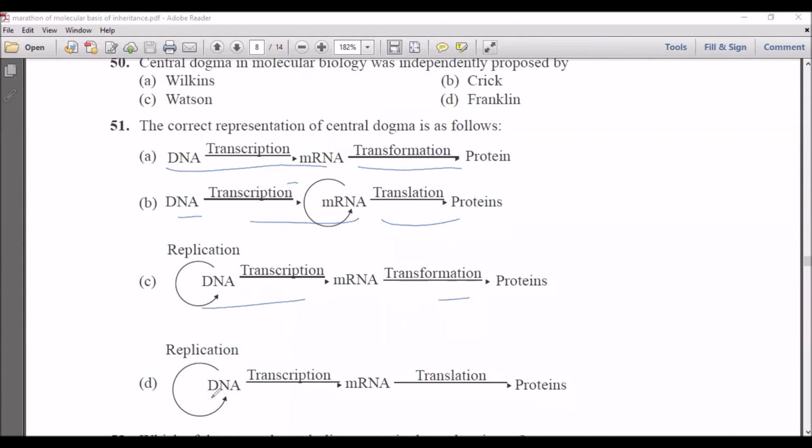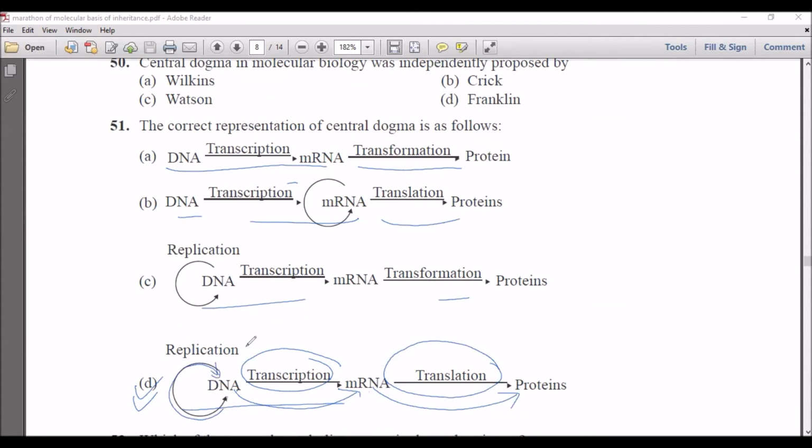By looking at the figure, we can say that the correct representation of central dogma is the figure D, that is DNA is converted to mRNA by transcription, and mRNA is further converted to protein by a process known as translation. And DNA is converted to double-stranded DNA.